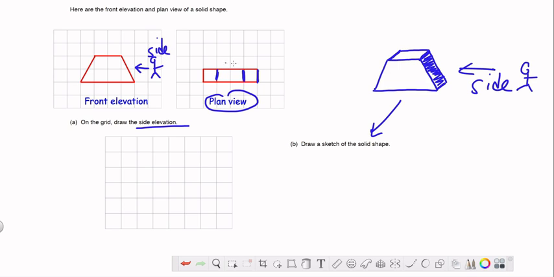Remember that's the side view. What I've got over here, I've got here as well. You can see this bit there. It's got a height of 2 units. So I'm going to draw a rectangle with a height of 2 units.